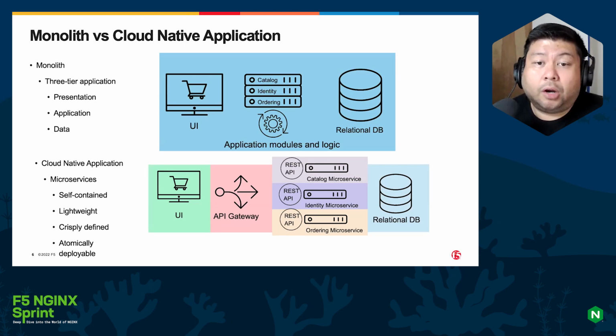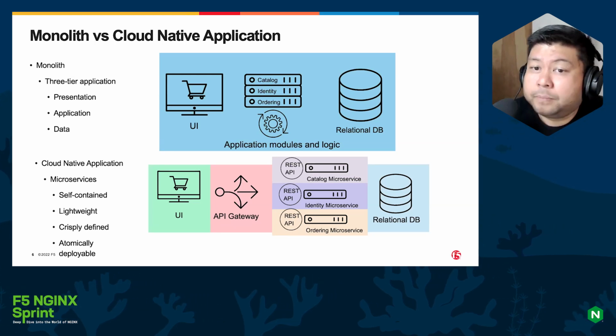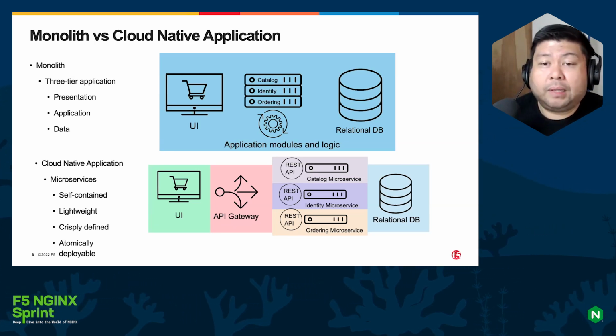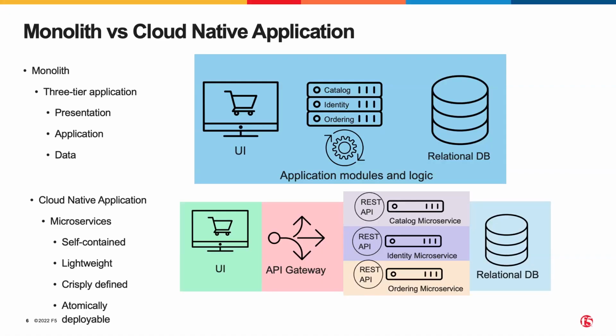Microservices communicate over networks with REST APIs, and they're often aligned with business services. So microservices are self-contained in containers. They're lightweight, as most container images are, except for Windows container images. They're crisply defined. They usually have a single function, and they can be deployed atomically.